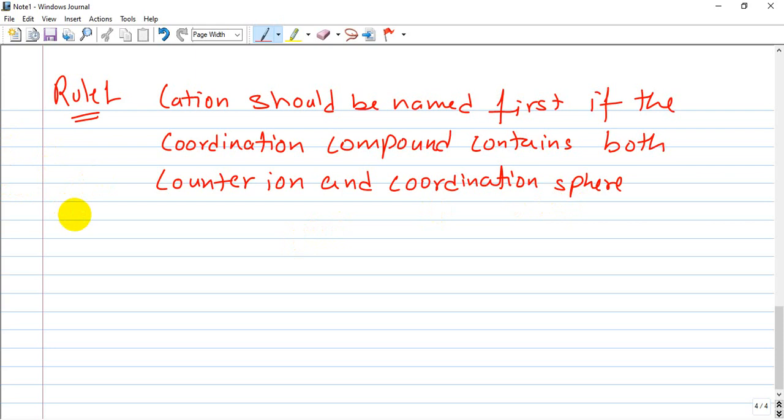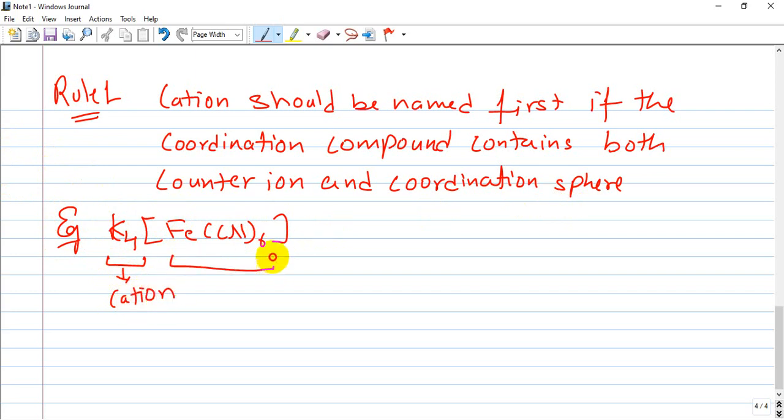Now look at the example. In this example, K4[Fe(CN)6], this behaves as the cation and this behaves as the complex anion.